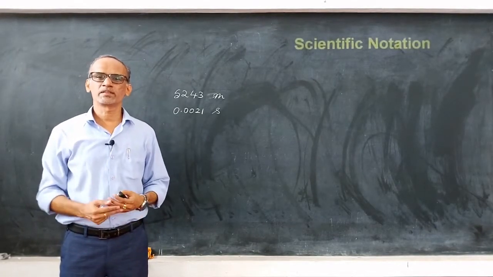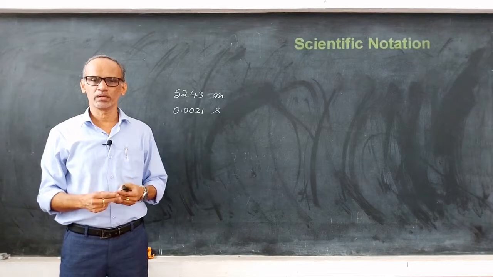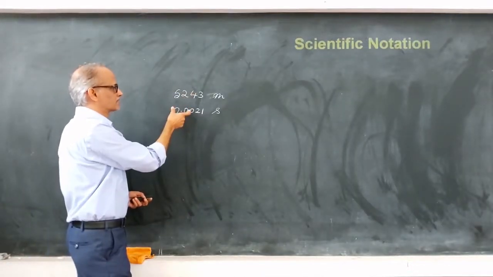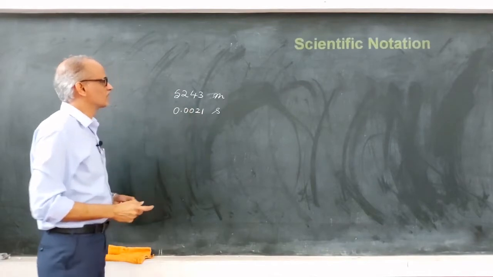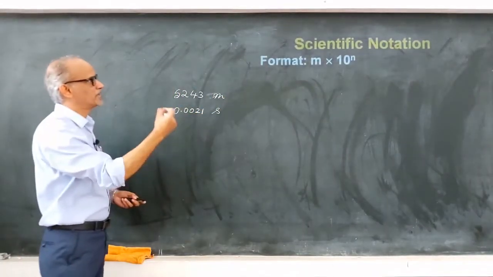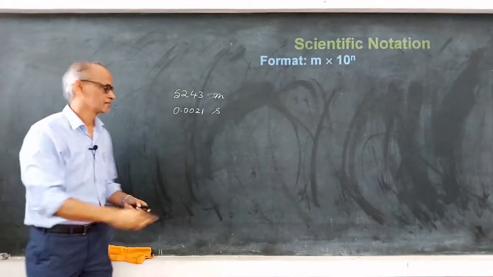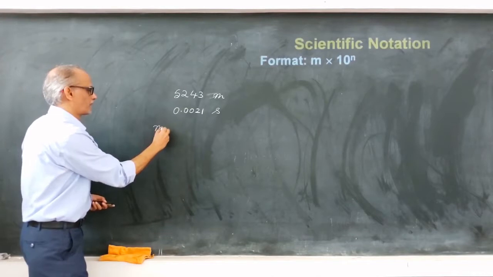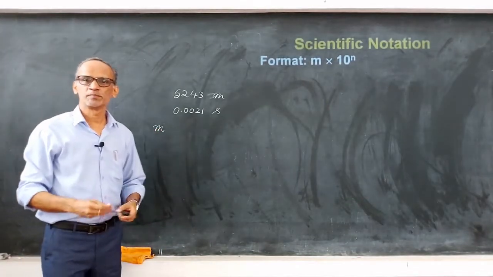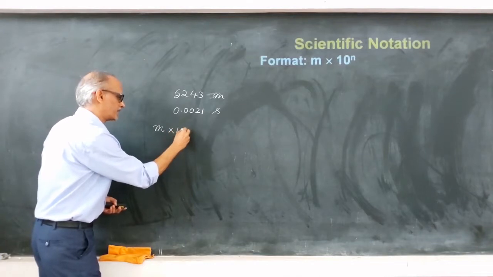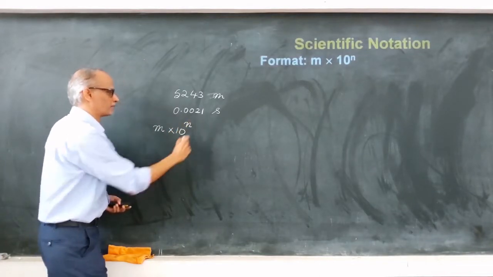Now, what exactly is scientific notation? A scientific notation is one where a given number is expressed in the format m into 10 to the power n. The number m may be an integer or a fraction, and then we multiply by 10 raised to the power n.